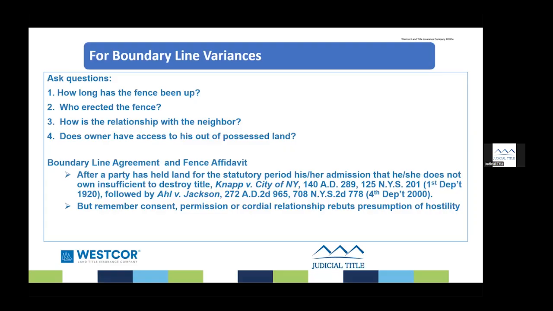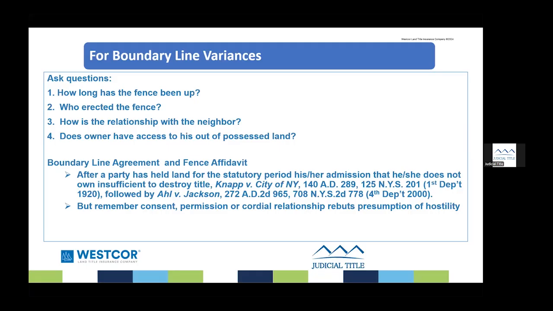A boundary line agreement gets recorded in order to remove the exception, and gets recorded against both properties. So essentially, the neighbors will agree to the discrepancy in the property, and they will sign an agreement, and it's going to get recorded against both properties.